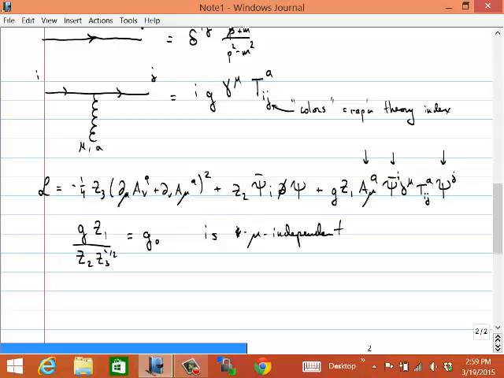So that means that if you want to write down the beta function for the coupling, you just take the derivative of both sides of this equation with respect to mu, and you get that the beta function for the coupling, which is d coupling by d log RG scale, what is that?